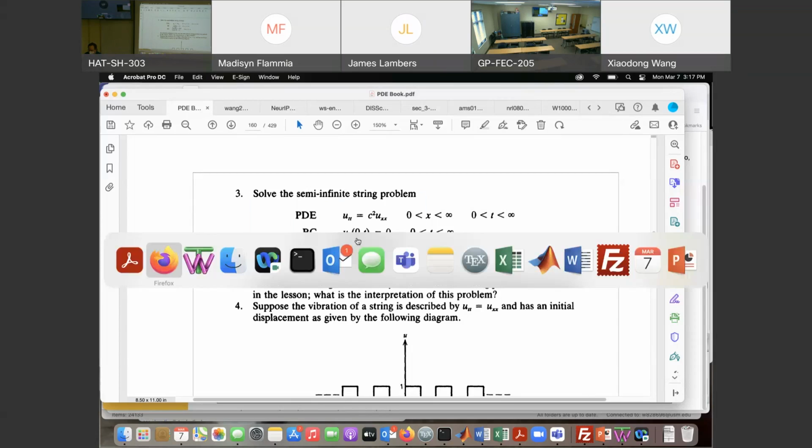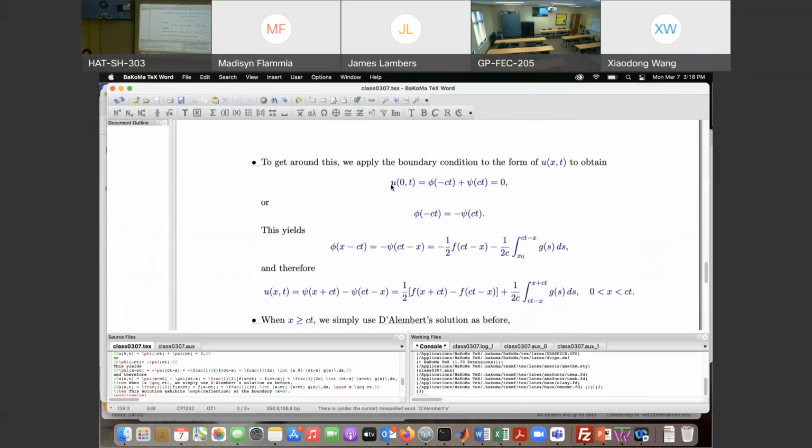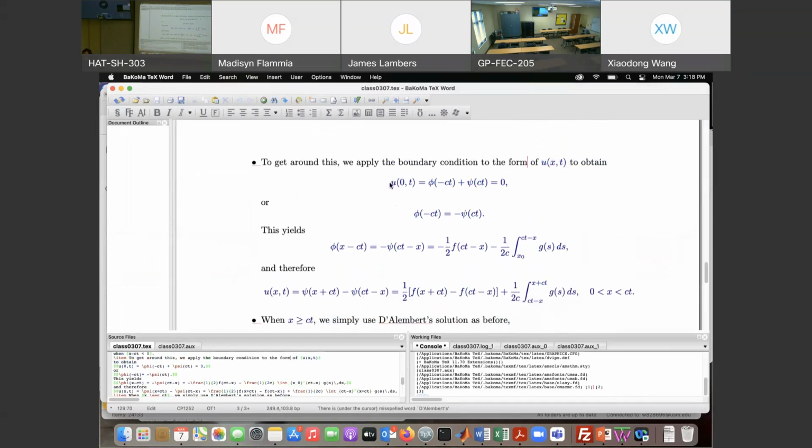So that's something to be careful about. Where it would come into play is right here. This is what I get from enforcing the type 1 or Dirichlet boundary condition, u(0,t) equals 0. But for the polar problem, you're not going to get this equation.